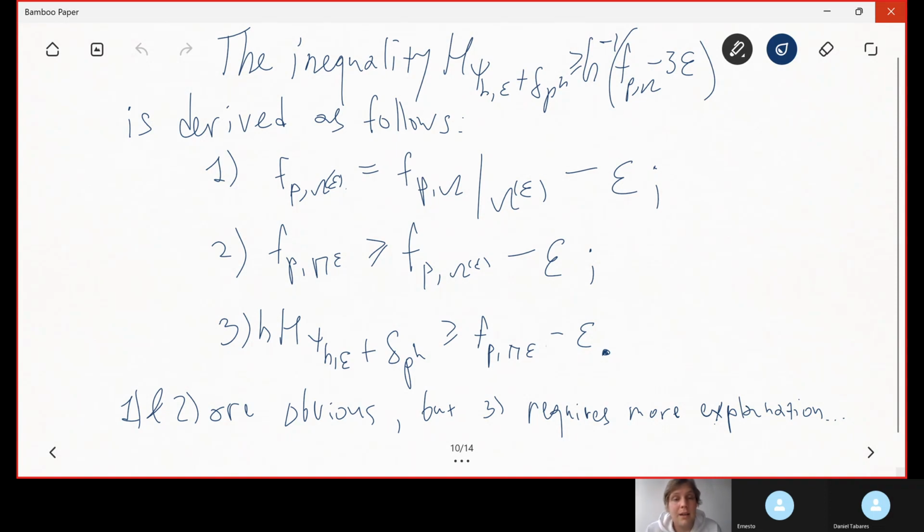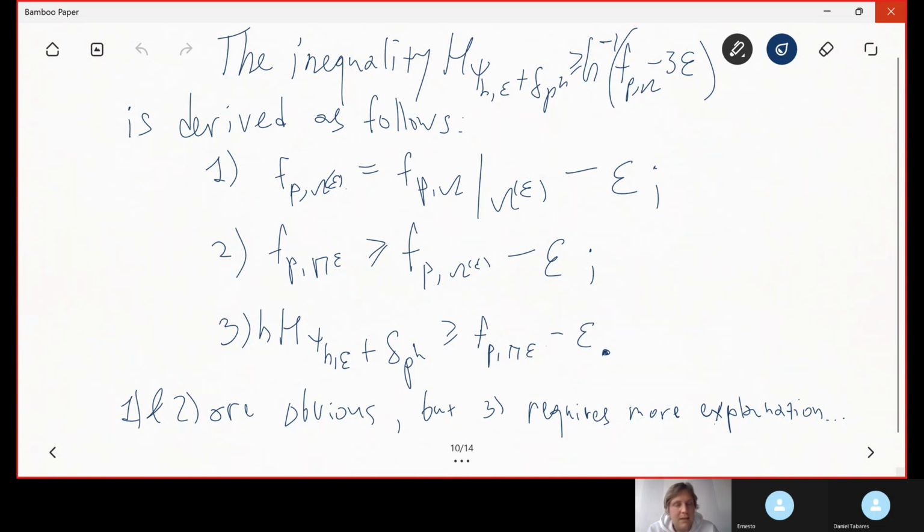Well, actually, 1 and 2, those are really straightforward. So we decompose this inequality into 3 more inequalities. Or rather, the first one is an inequality and is completely obvious, meaning that the distance function for the level set of this distance function is the same up to epsilon as the original distance function. This is completely obvious.